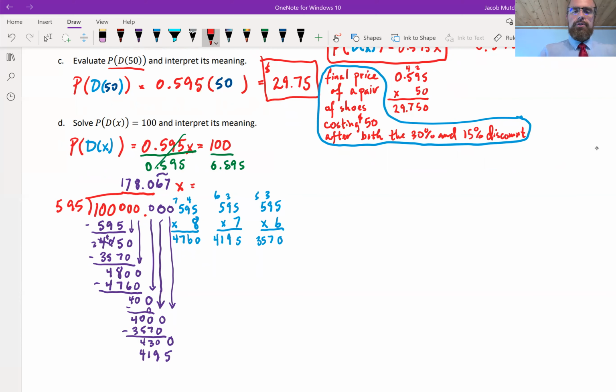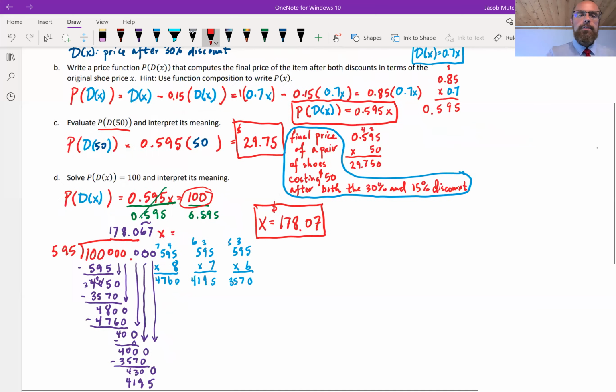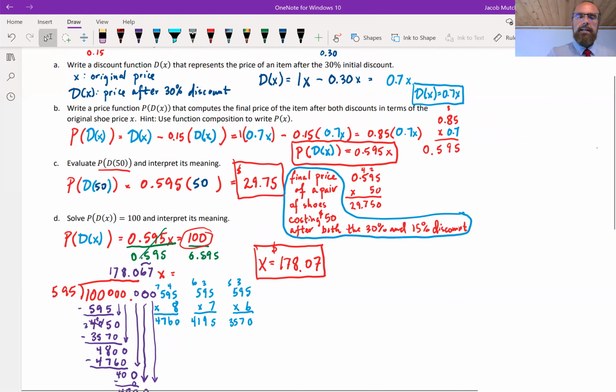So again, that solves the question. We use that division to solve this. So X in this case equals $178.07. So like we did with part C, here in part D, what I want to do is then interpret its meaning in terms of the situation. So if I was trying to solve for $100 and I was saying that was equal to P of D of X, well, remember P of D of X is, if we look back here, the final price of the item after both discounts.